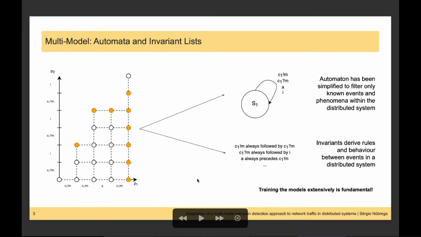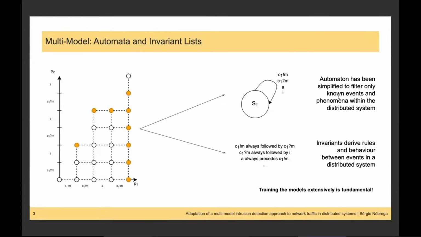And in sum, as I was saying, the invariants actually define the behavior of the model between the events. And while the automaton kind of does a simple filtering of what we know and what we don't, the invariants are more looking into the actual behavior and trying to understand if what is happening within the model is known or not.